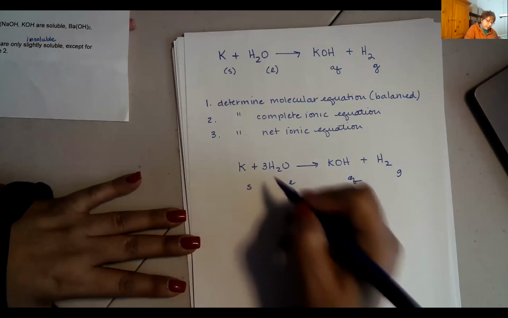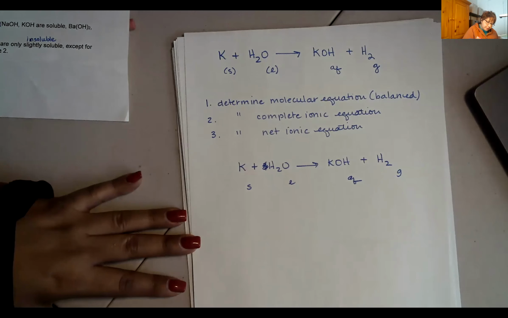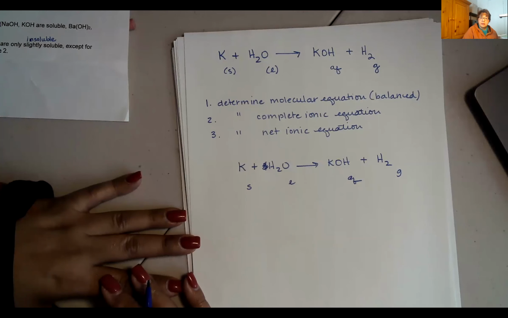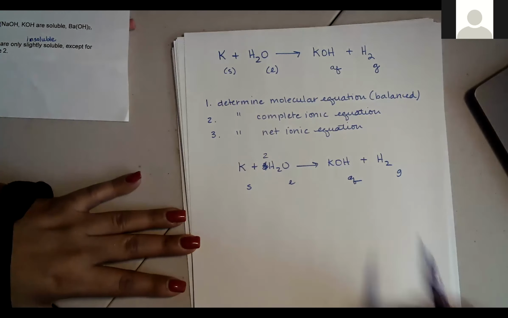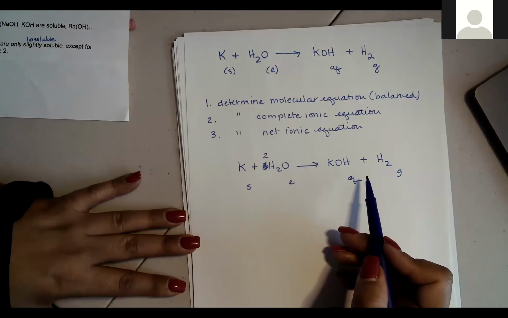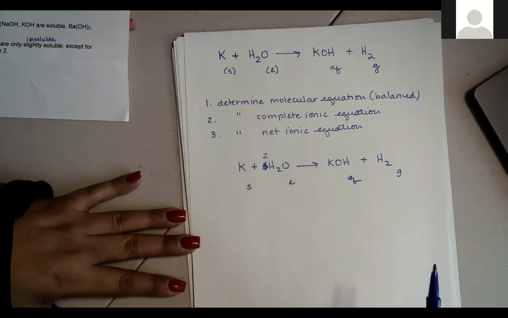Okay, let me show you a trick. Well, before I show you a trick, does anybody have this balanced? I'm curious. I have K plus 2 H2O is equal to KOH 2 plus H2. I think where I get confused is that H2 has a -1 charge, right? And then, does that matter?